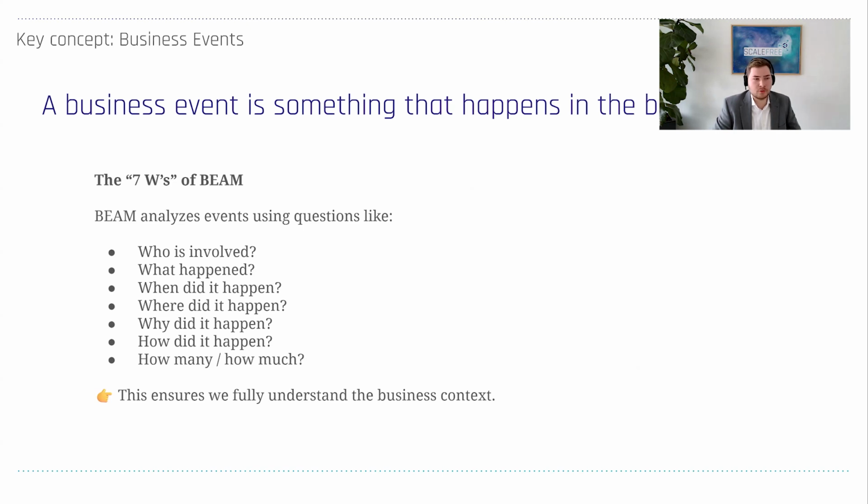So who's involved, what happened, when did it happen, where did it happen, why did it happen, how did it happen? You really try to describe an event that happens in the business to the fullest and model the whole business process for that with Beam. This is to fully understand the business context.